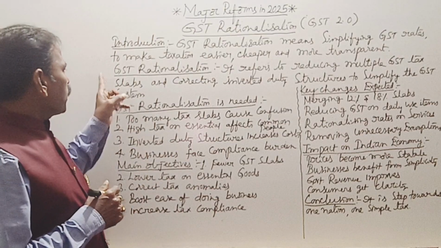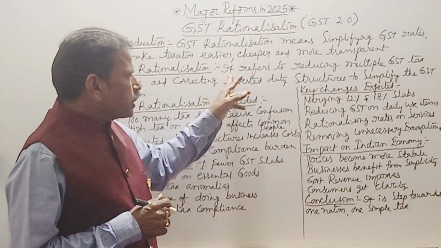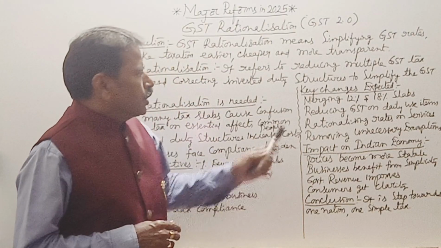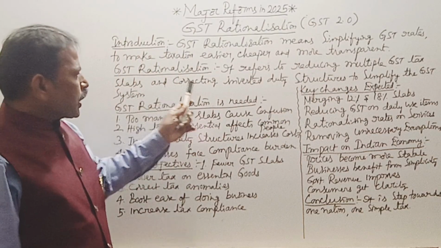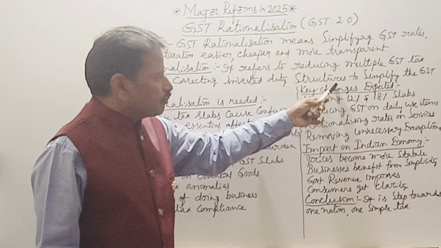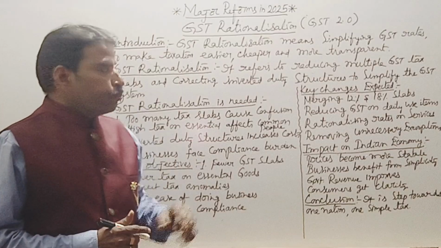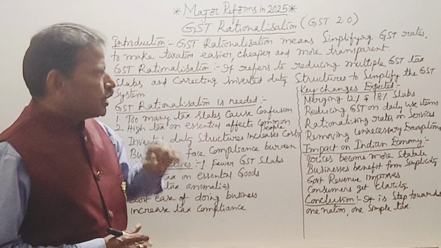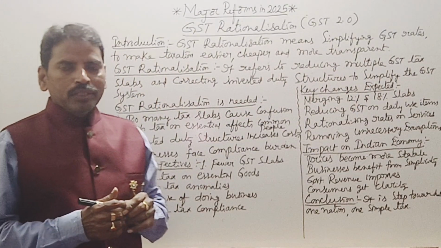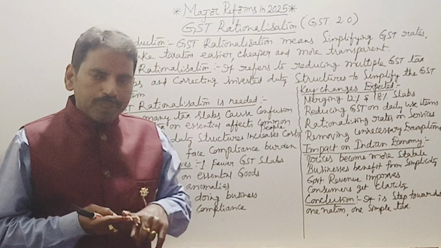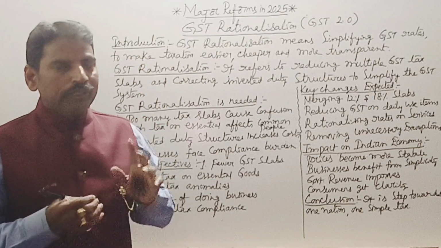Next, what is GST rationalization? GST rationalization refers to reducing multiple GST tax slabs and correcting inverted duty structures to simplify the GST system. Before the introduction of GST rationalization, there were multiple GST tax slabs: 0%, 5%, 12%, 18%, and 28%.